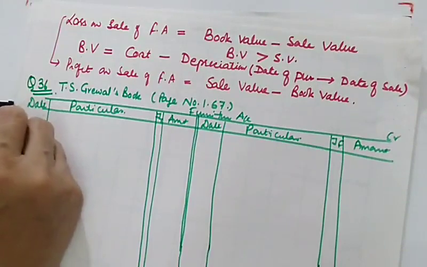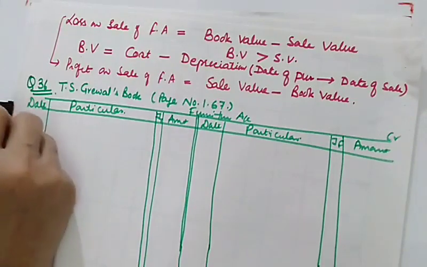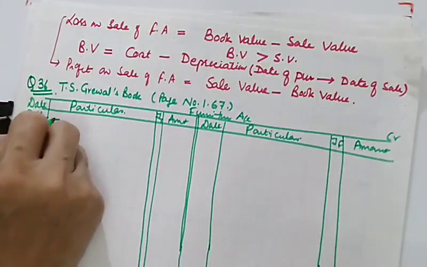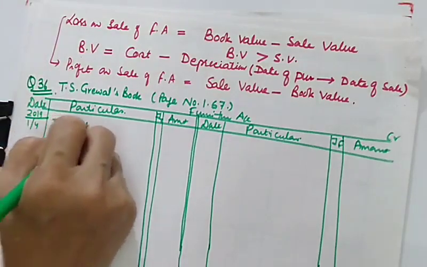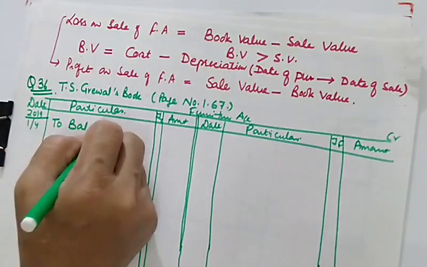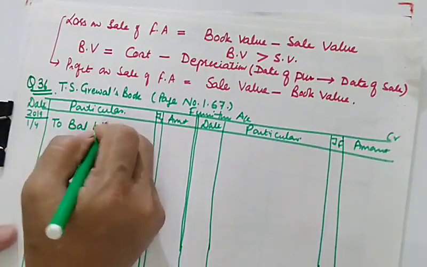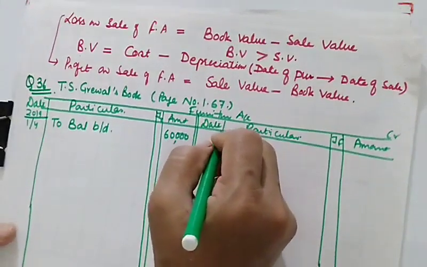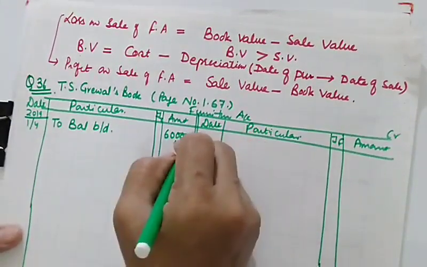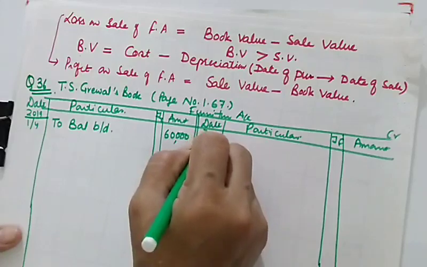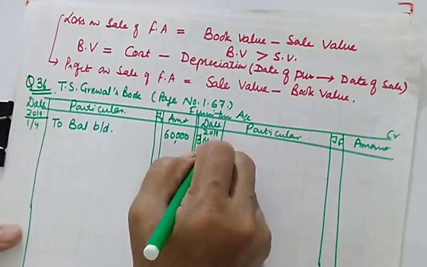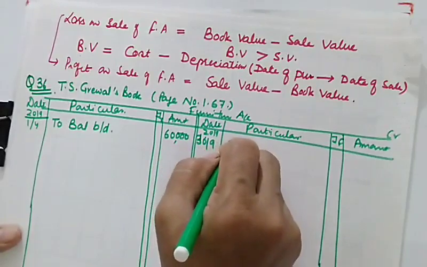So beginning furniture account in the 1st April 2019 is given to us. Opening balance, balance brought down, it is 60,000 initially. Then what else is given to us? On 30th September 2019 we are selling.